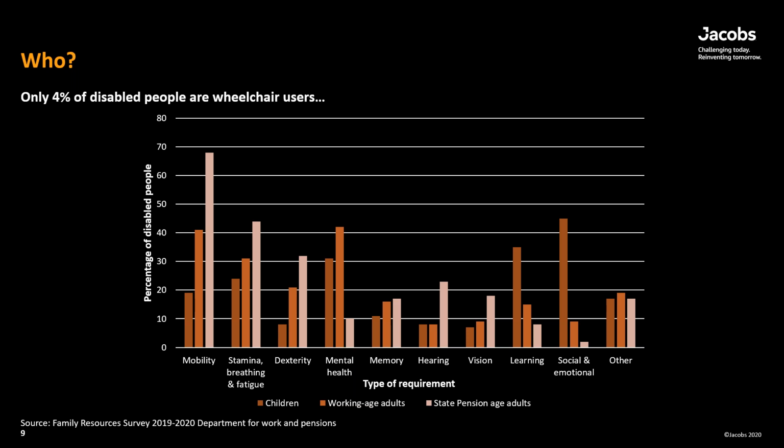So this slide highlights the different impairment groups, different requirement groups, but also how the prevalence of these varies by age as well. So we also look at the intersectionality between different requirement groups and different protected characteristics. So on this slide, we're looking at disability and age as well. And you'll see certain impairments increase with age, and again, taking those into account when looking at evacuation situations is super important.